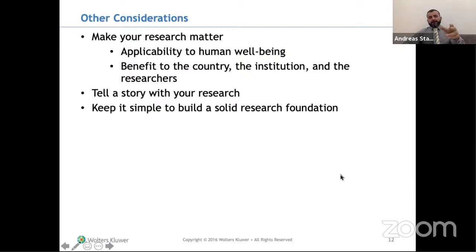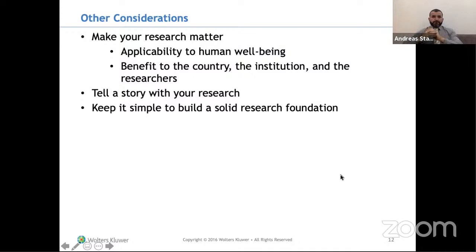But I want to combine the tell a story with your research with keep it simple. Don't always try to go for the most sophisticated and complicated design. A lot of times, you know, you're not supposed to just do one project. You may have a bigger question to answer in the long run, but there are many small projects that you have to do in order to reach that point.